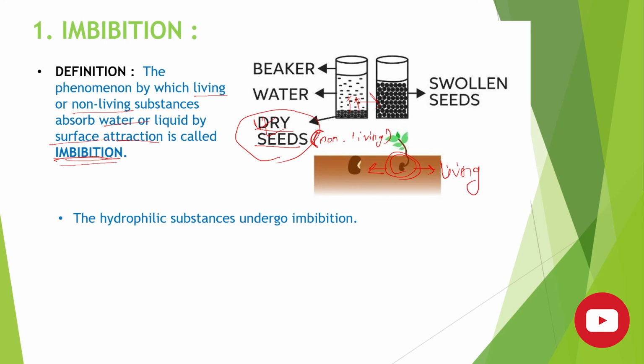Now, one more very important thing about imbibition is that all substances cannot undergo imbibition. It is clear that it is just a simple process by which water is absorbed by surface attraction, and both living and non-living substances can absorb and imbibe. But the substances which are hydrophilic in nature, means the substances which have a strong affinity for water.